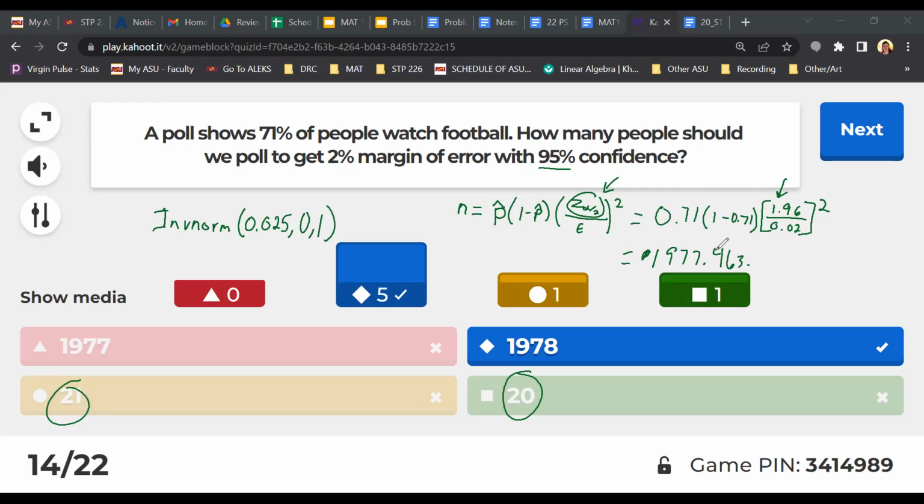But for this kind of problem, and only this kind of problem where we're finding n, we're just going to go ahead and round up. So this is going to be 1978. Leave that on the screen for one more second in case anyone needs to look. Any other pieces I can clarify here?